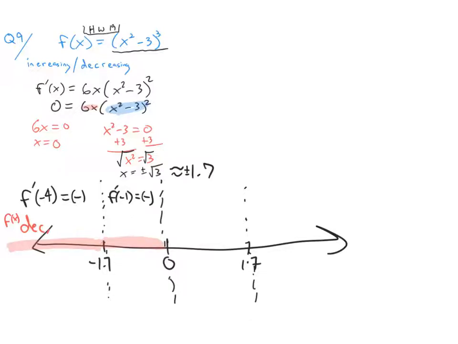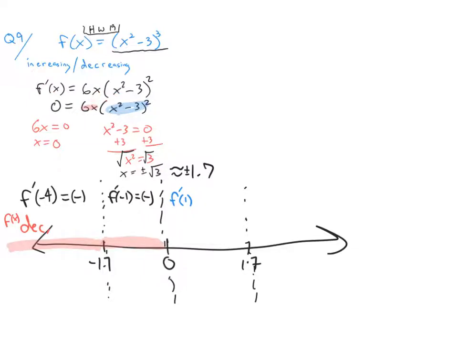All right, let's pick a number between 0 and 1.7. Let's just plug in positive 1 into f prime. Wherever we see x, we're plugging in 1.